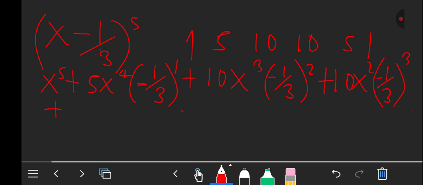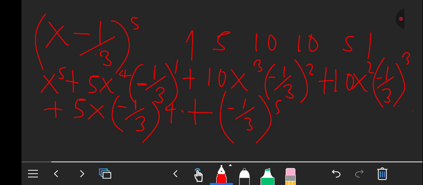Then plus, I've come this side due to lack of space, so plus we take the coefficient which is 5, right? 5, then x will decrease from 2 to 1, so even if I don't write 1, it's okay. Then our b, from negative 1 over 3, the power was 3 there, it will increase to 4. Then plus the next thing, just write negative 1 over 3 raised to the power 5, the maximum power.